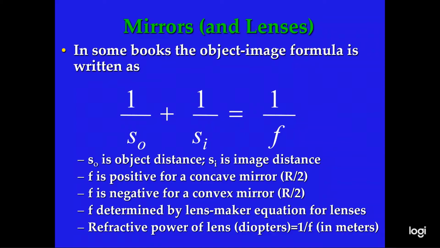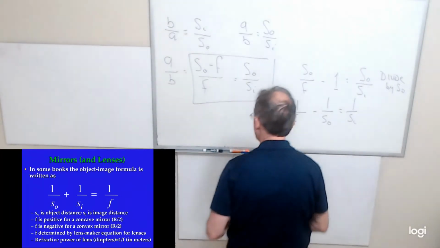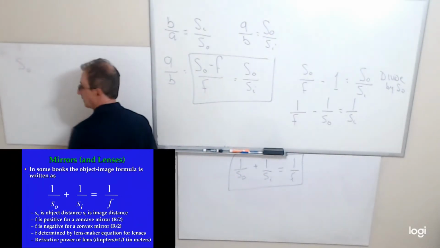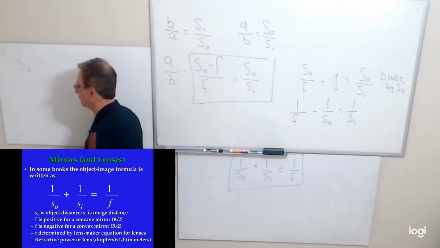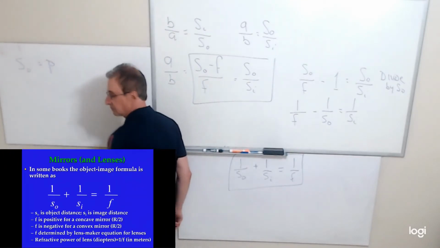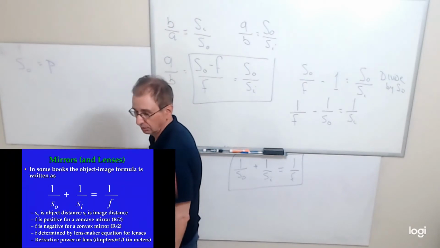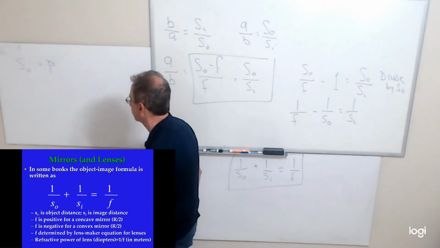So this is our main equation. I want to say a couple things. Like I said, S naught is the object distance. Not every book goes by that convention. A lot of times people use P. Some people use just the letter O. There's no convention for this, unfortunately.